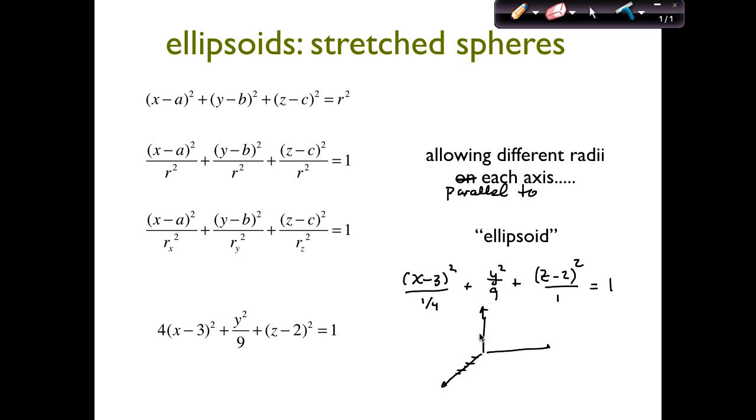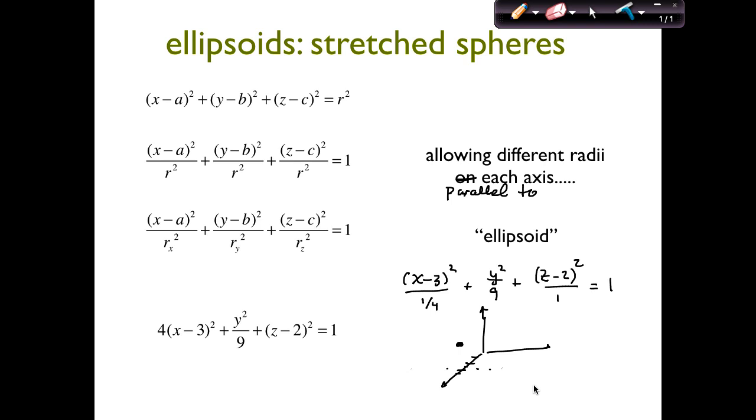And then the y direction: first of all, it doesn't move left or right at all, but our radius is 3. So we're going to be out here and back this way, 3. Oh, but I should have done z before that: we're going to go up 2, right? So forward 3 and up 2, and that's going to be the center of the ellipsoid. So the center of the ellipsoid is (3, 0, 2).